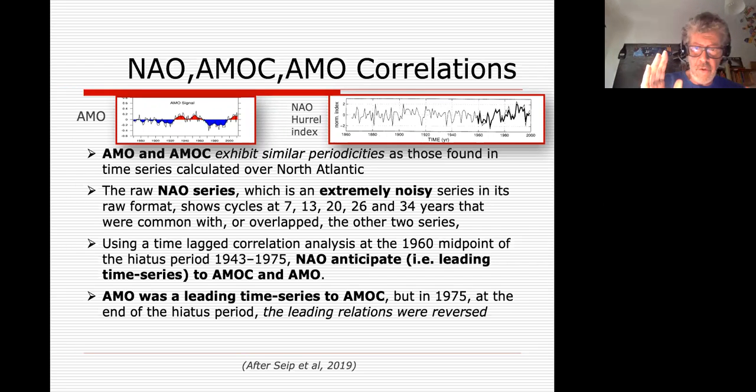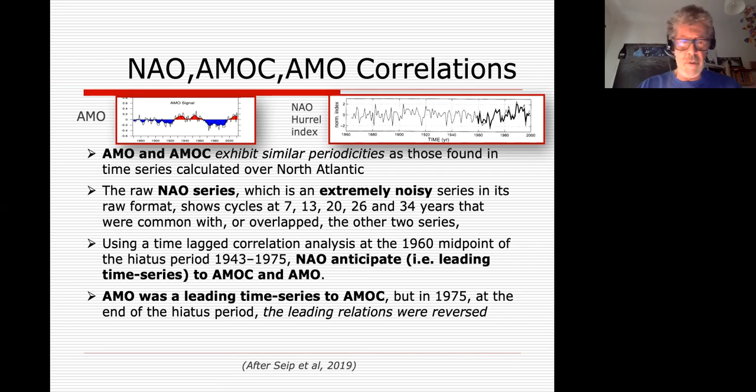In the first part of the century, AMO was the leading time series to AMOC. So AMO seems to determine the variability of AMOC. But after 1975, at the end of the so-called hiatus period, this leading relation was reversed, and AMOC was leading and AMO was following.